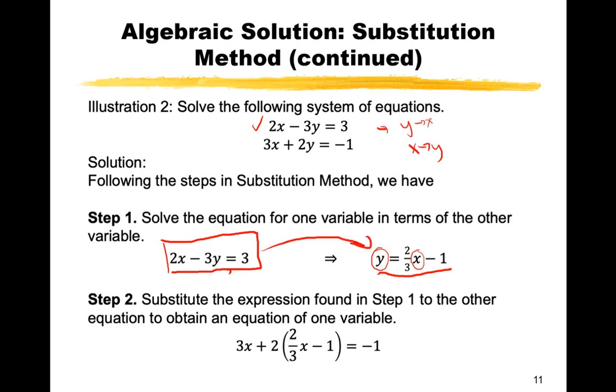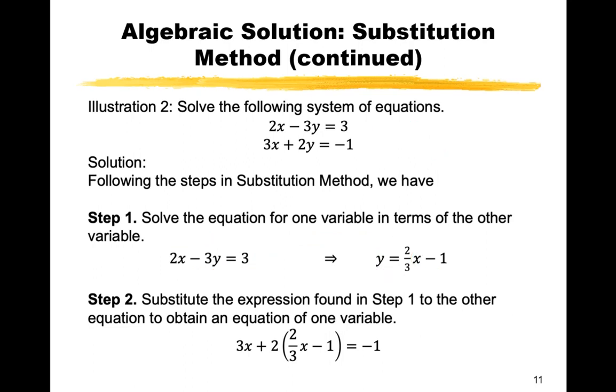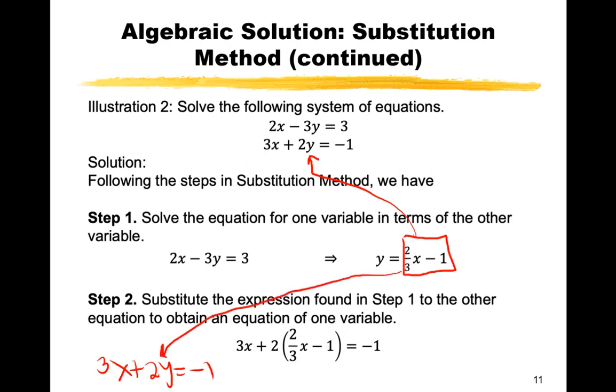Then step 2, dahil nakakuha na tayo ng equation ng y in terms of x, we can already plug this expression papunta dun kay y, dun sa pangalawang equation natin. So if we do so, yung 3x plus 2y equals negative 1, kapag isinalpak na natin ito dito, we'll end up with this equation right here.